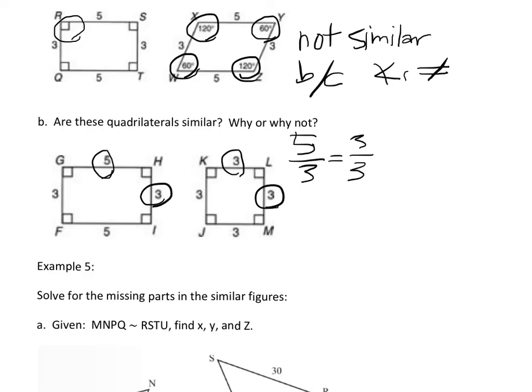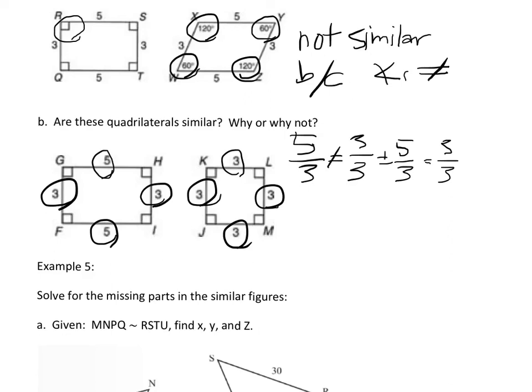And then I could keep going around, 5 over 3 once again should equal 3 over 3. Those should all be the same, but those are, in fact, not equal. So it's not similar, because sides are not proportionate.